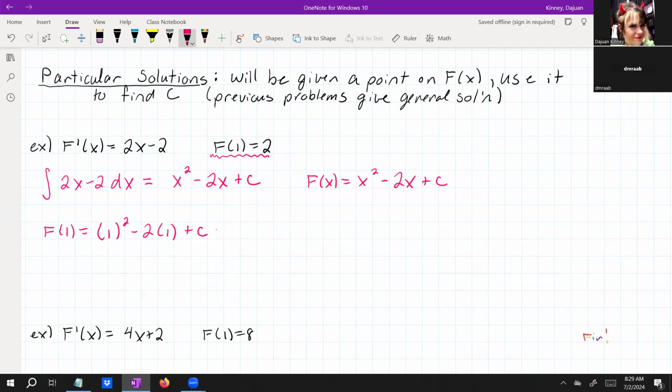And we're told this whole thing equals 2. We can kind of ignore this now. Solve for c. 1 minus 2 plus c equals 2. Gives me -1, so c equals 3.